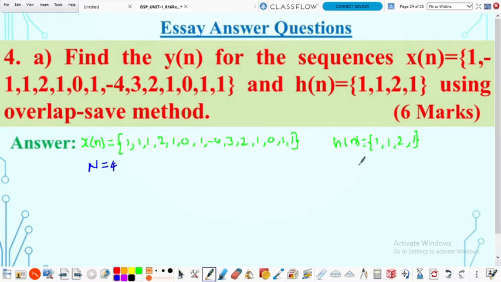Therefore the length of the impulse response, capital M, is equal to 4. After that, calculate the length of the data sequence.